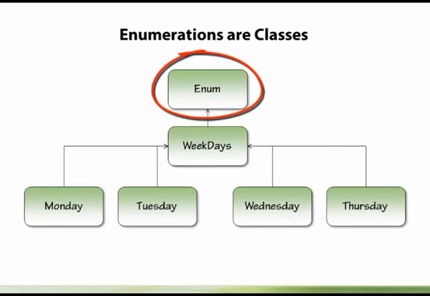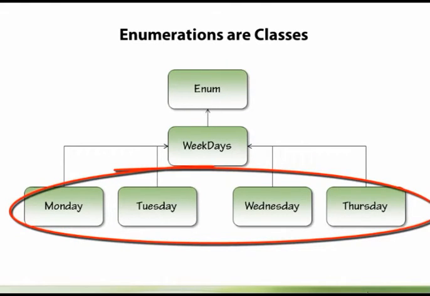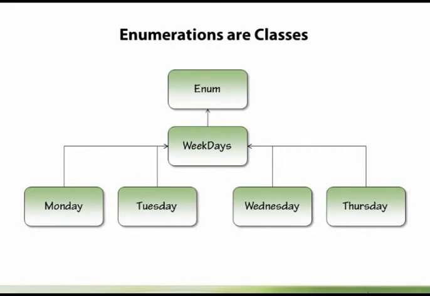There's actually a class defined in Java that defines an enum. And then each weekday in that enumeration would actually inherit from the weekdays, or it's a type of weekdays. And so you would have your Monday, Tuesday, Wednesday, Thursday, and so on. But these are all classes, and I'm showing a class diagram here to kind of emphasize that point. And this is really, when you see an enumeration, this is what it looks like.